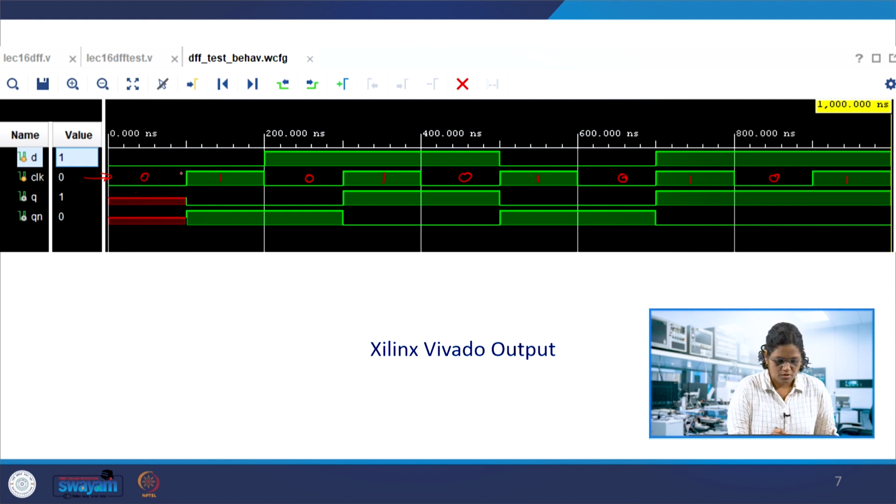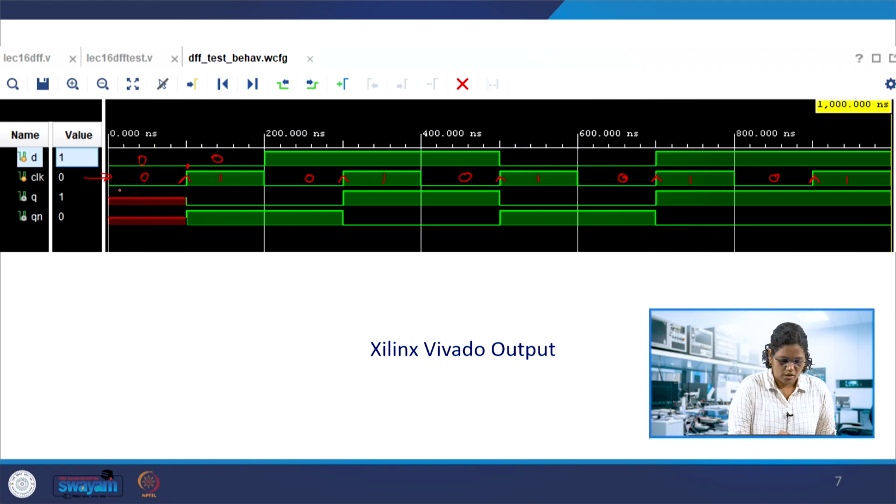Here is the passage of the clock. We can mark them. And now see that d, which is 0 initially, is made 0 again after the next 100 nanoseconds, and the first clock edge comes over here and samples what D is here.